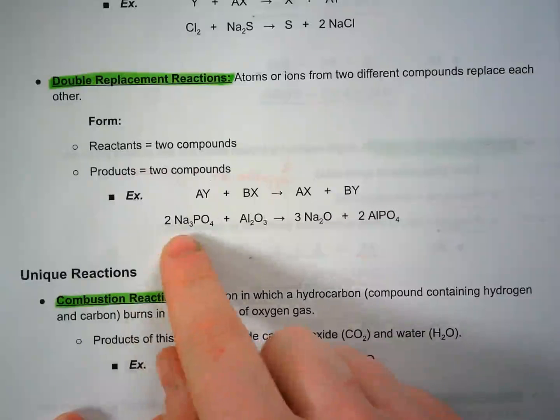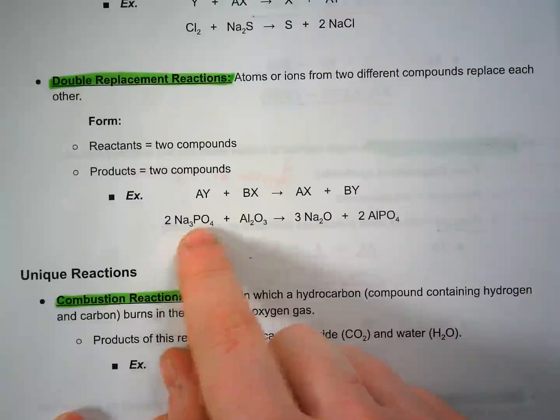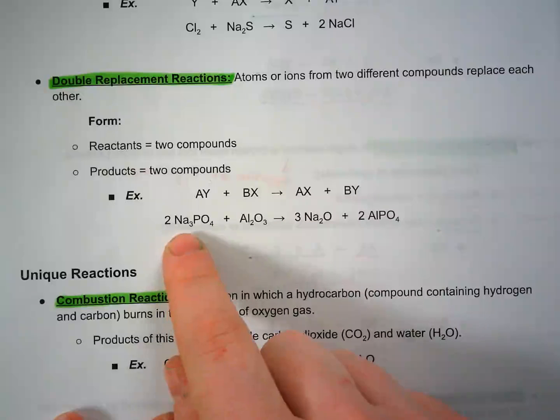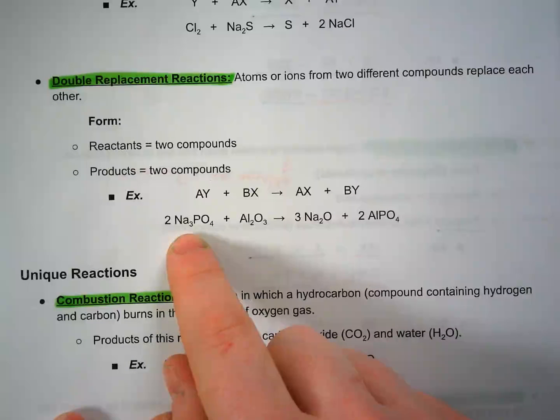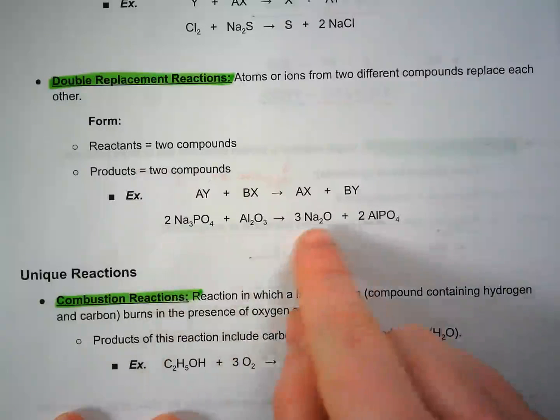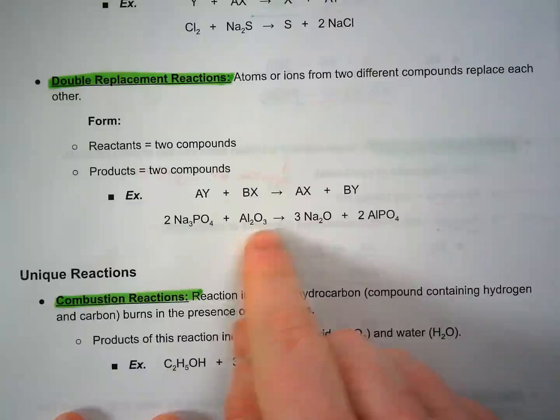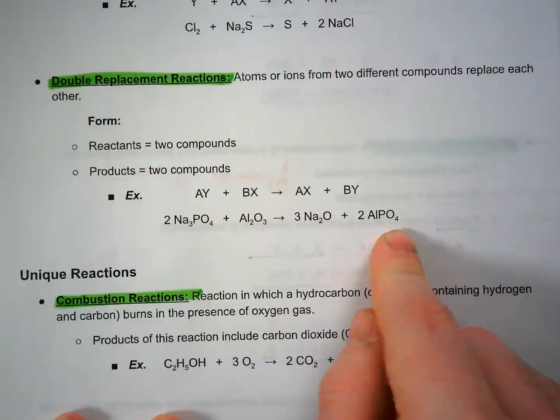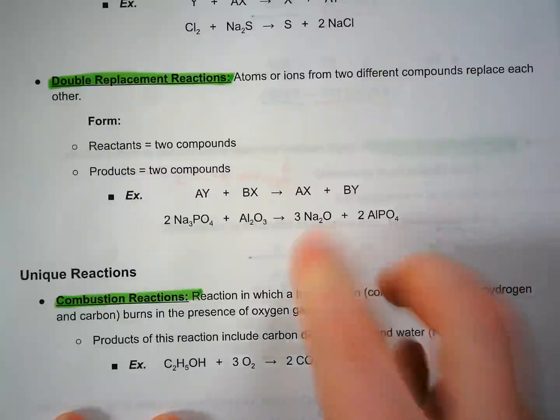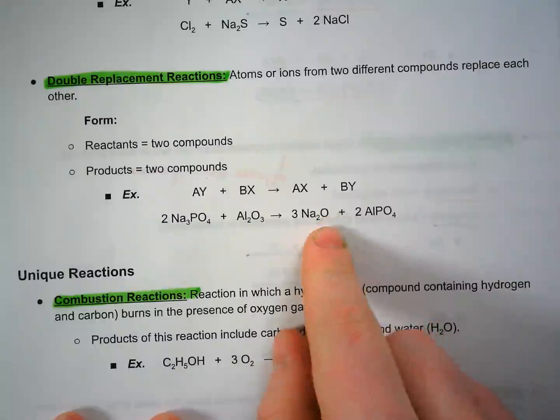Who switches with who? Doesn't really matter as long as you notice that sodium started off being bonded with phosphate, but on the product side is now with oxygen. Aluminum started off bonded with oxygen, but is now bonded with phosphate. So two people switch spots with one another.